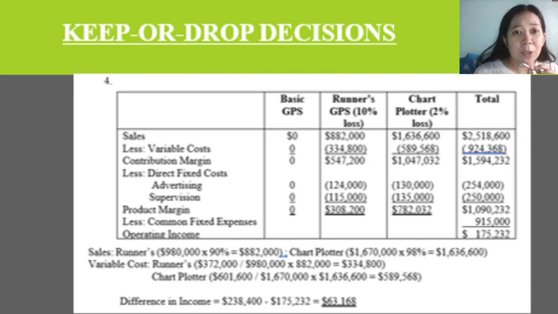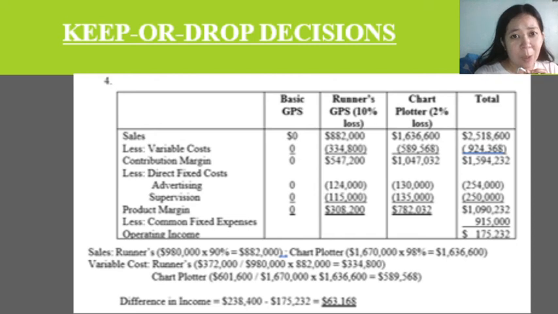However, for the runner's GPS, sales drop by 10%, so it will now have a $308,200 profit margin, and the chart plotter will also have a 2% loss.